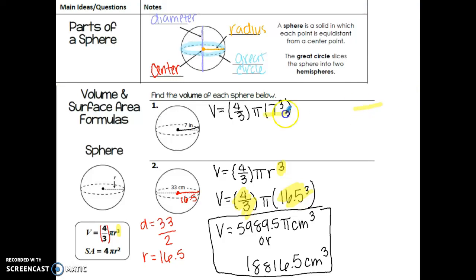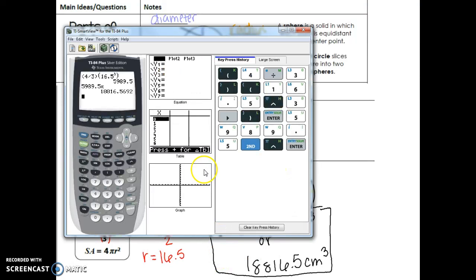Everything that is not a pi, I am going to be multiplying. So in this case, it's 4/3 and 7 cubed. So parentheses, 4 divided by 3, close parentheses, multiplied by 7, hat cube.